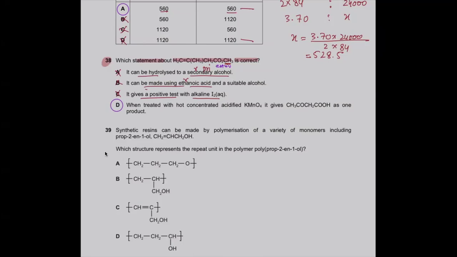So you can count the number of carbons: 1, 2, 3, 4, 5, 6. Six carbons. So the number of carbons equals 100 upon 1.1 multiplied by the abundance of the M plus 1 peak over the abundance of the M peak. So n is 6, and the M plus 1 peak abundance is X, and the M peak is 7.